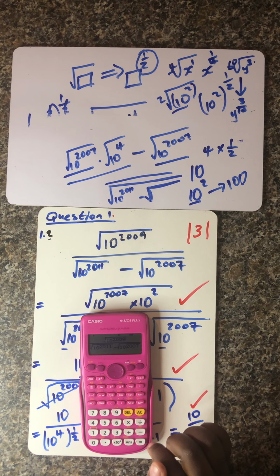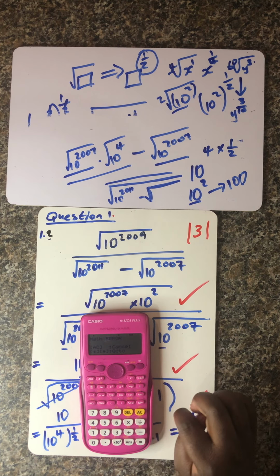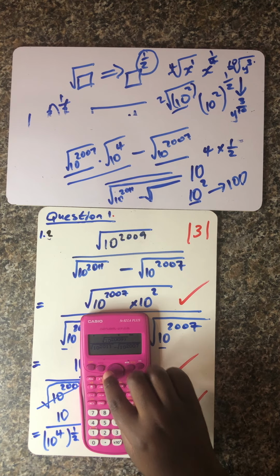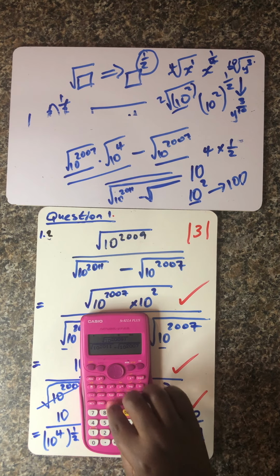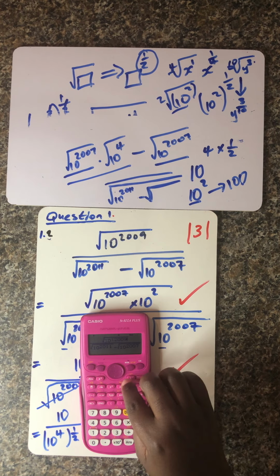So I see I might have substituted something incorrectly. Let me see. Over that, it says maths error. Let me put it inside the brackets. I'm not really sure what could be the challenge over there.